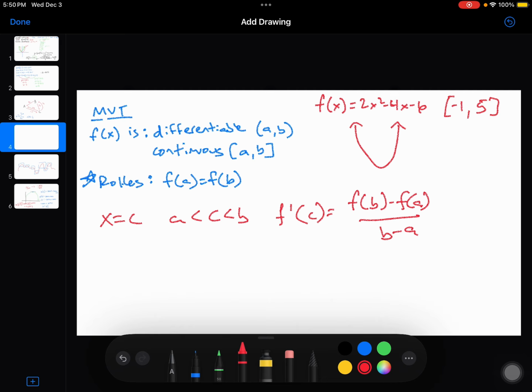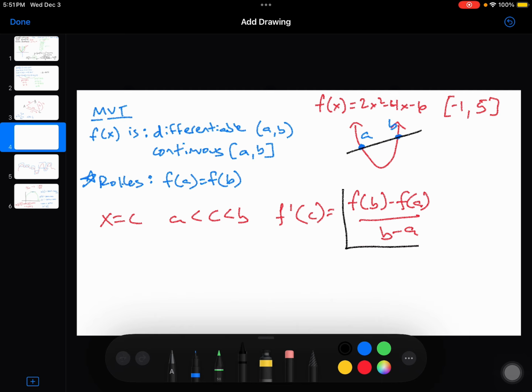If I put two dots on our parabola for -1 and 5, that's approximately how it looks on the graph, not exactly, but the one at 5 is going to be higher. Basically what it's saying is that if we connect those, we'll call the one on the left A and this one B, we can make a line, and there is a slope to that line.